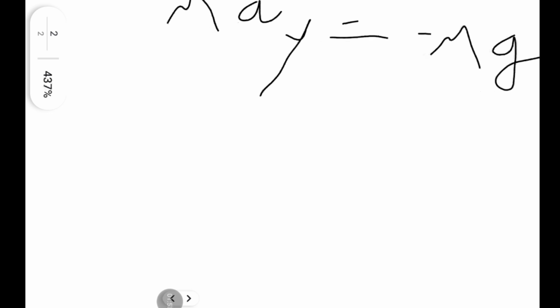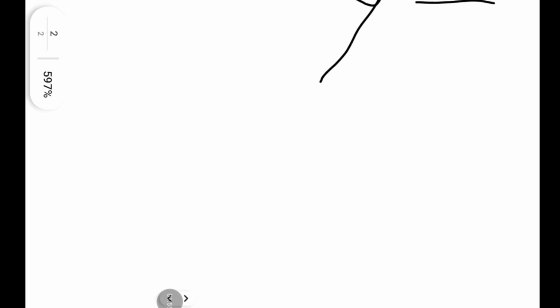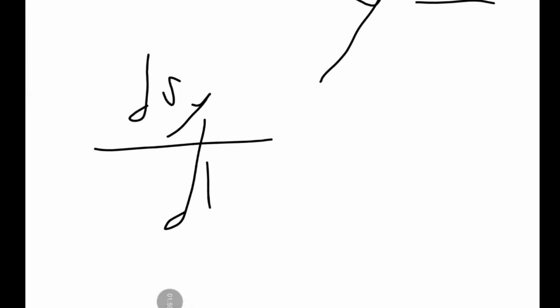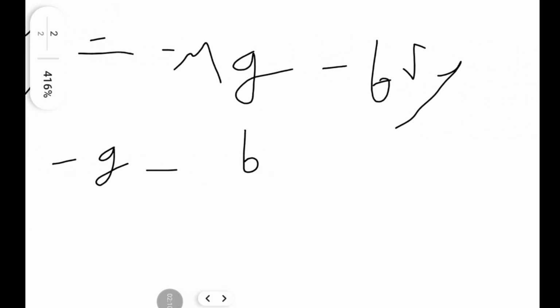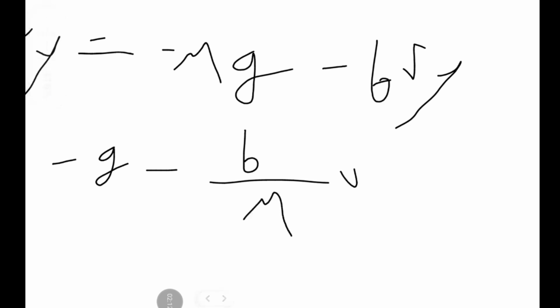We're going to divide by mass, and we're going to get into the format of d vy by dt is equal to minus g minus b over m vy. So this is the format we want to get into.